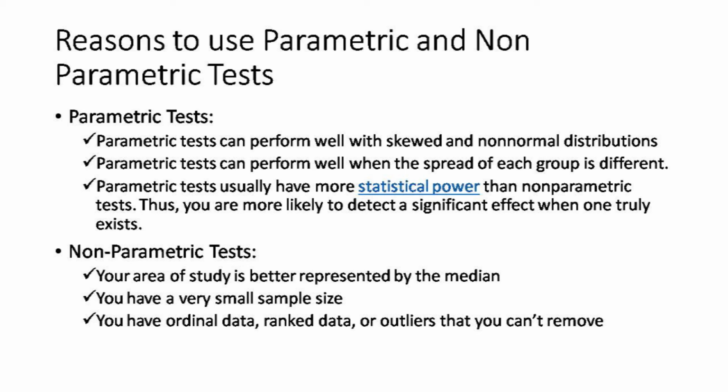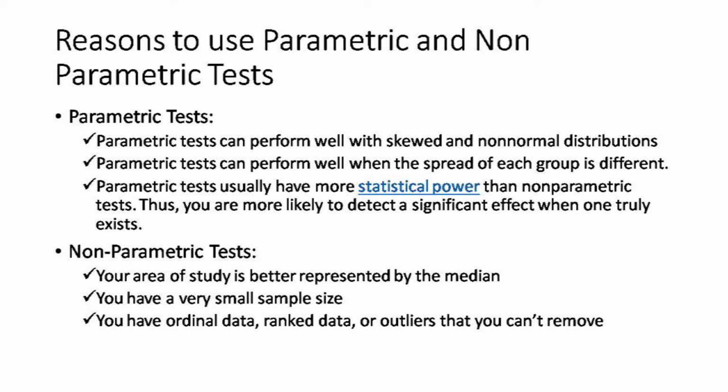Parametric tests can perform well when the spread of each group is different. Parametric tests usually have more statistical power than non-parametric tests. Thus, we are more likely to detect a significant effect only when it exists in reality as per the sample information.